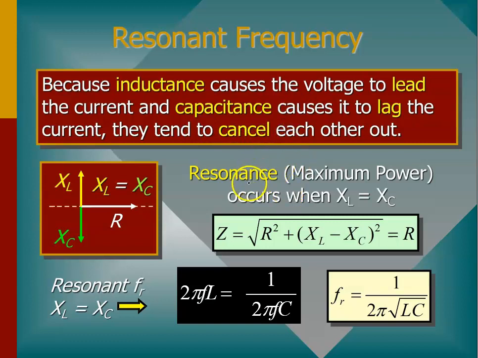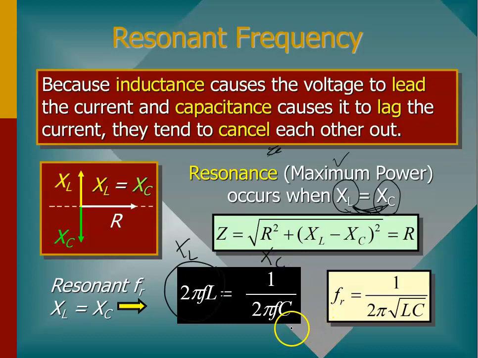So when this happens, that is resonance: when XL and XC are the same number, then resonance, or what we call maximum power, will occur. So when this happens, we can equate these two values, the XL and the XC.